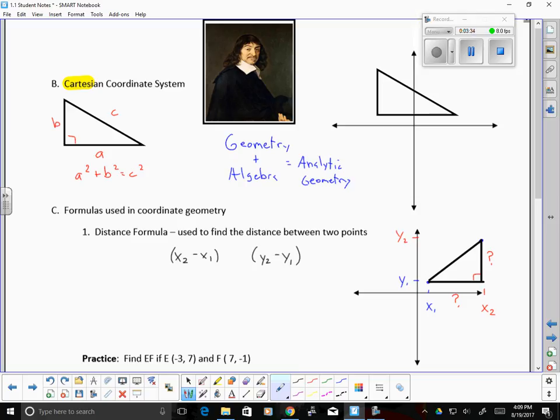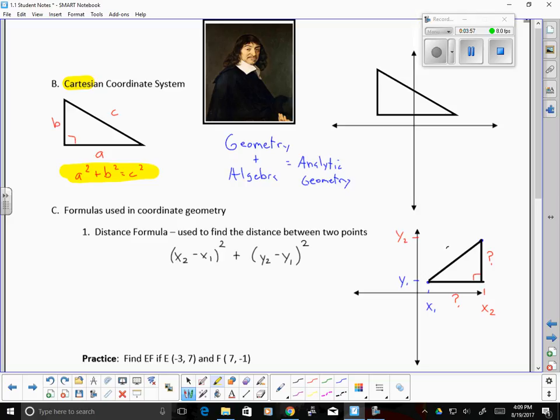Once I have those two numbers, I am basically doing the Pythagorean theorem that we have up above. I square a and b. So a, which on the bottom was x2 minus x1, squared, plus b, the difference in the y values, squared, is going to equal c squared up here.